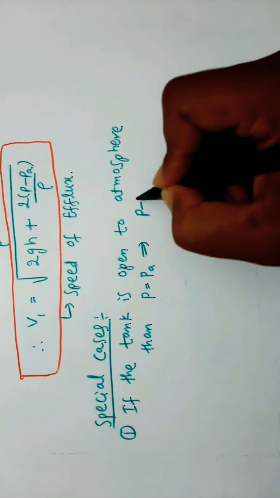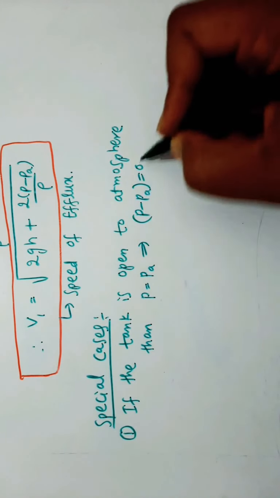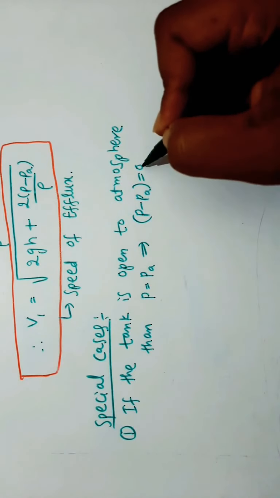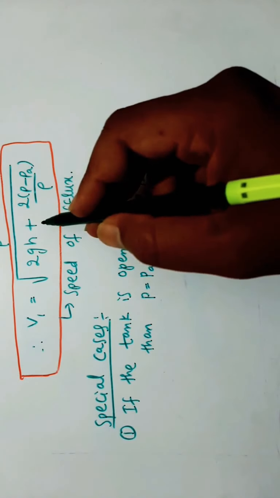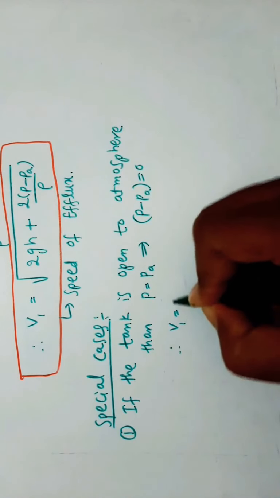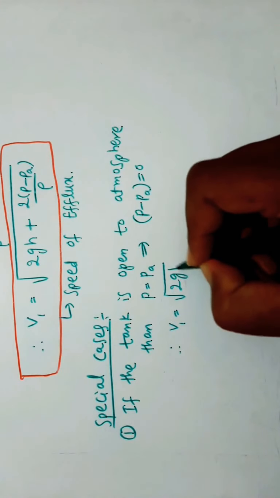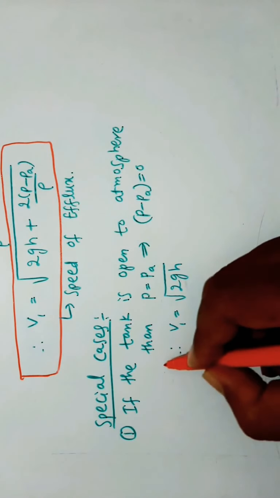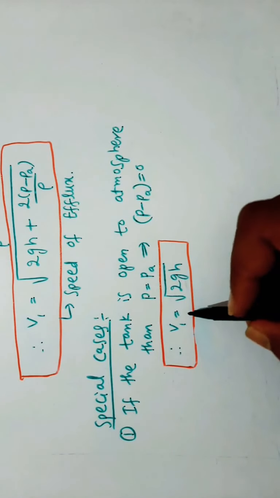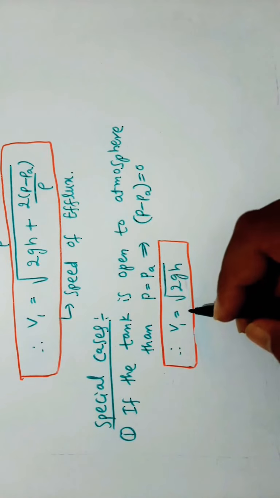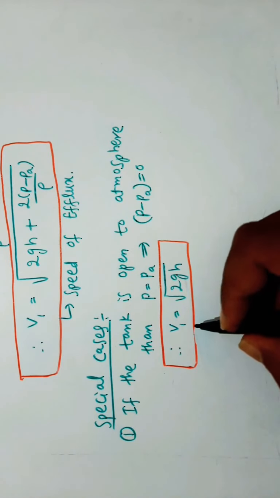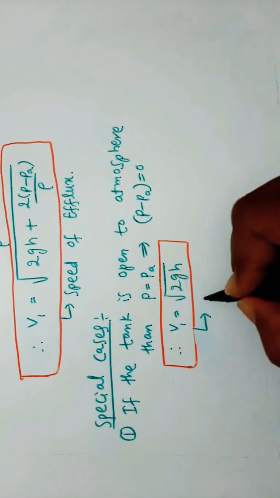From this P minus PA is equal to 0. Substitute these values in this equation. We get V1 is equal to, since P minus PA is 0, square root of 2gh. This is the speed of a freely falling body after falling through height h. This equation is known as Torricelli's law.